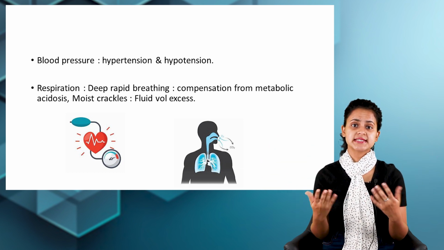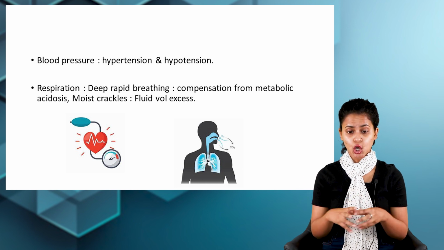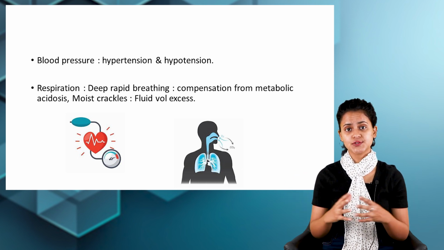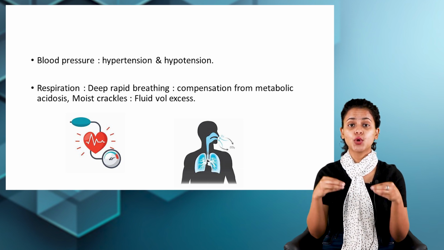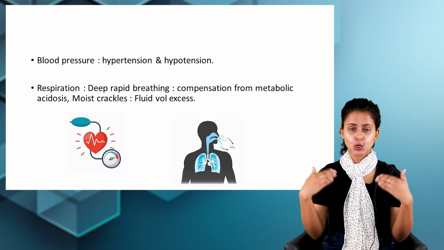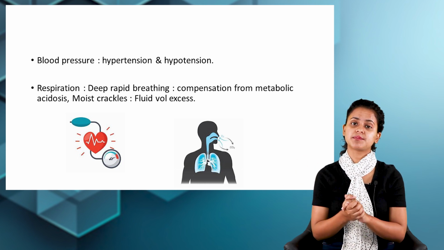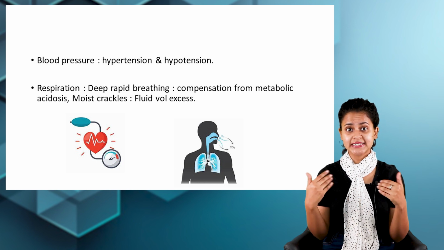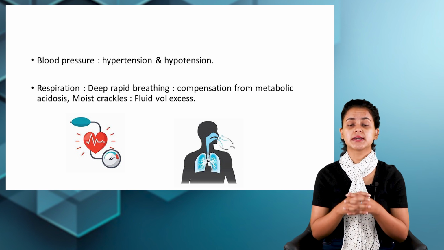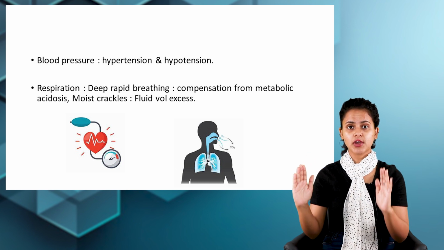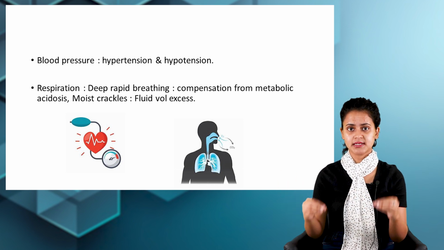Now, we also assess the respiration, respiratory rate and rhythm in the client. Often, with fluid volume excess, we will auscultate moist crackles over the lungs. Sometimes the person can present with deep, rapid breathing if there is metabolic acidosis. That is how we conclude what type of fluid imbalance the client has.